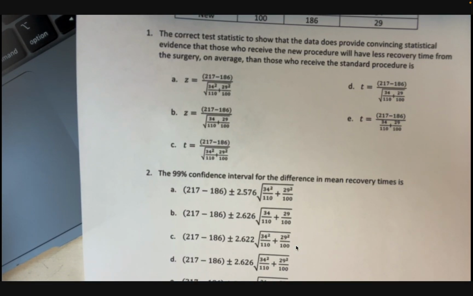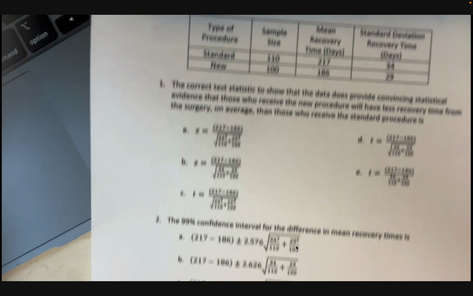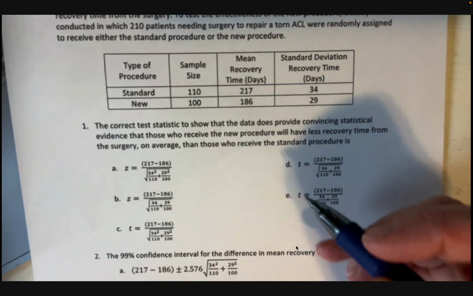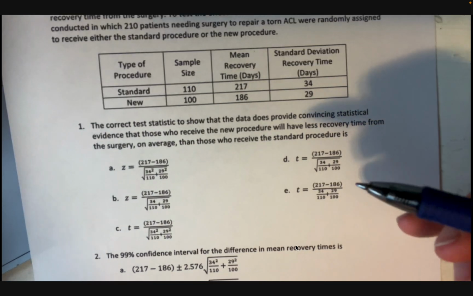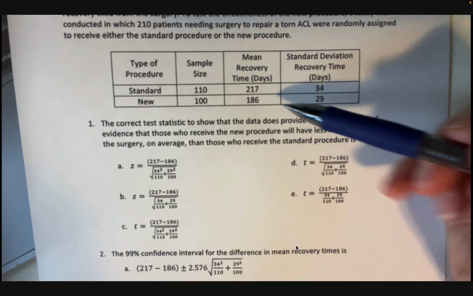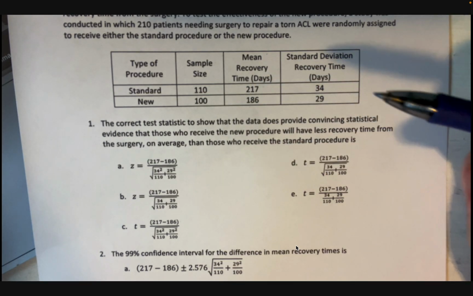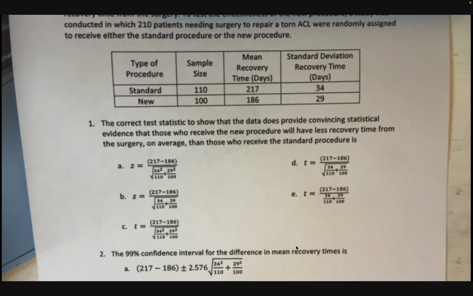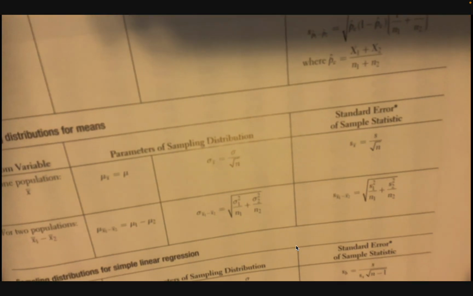On the back, again, this one here, we don't have to worry about any p hat c's or anything like that. So it's just going to be the mean of the one minus the mean of the other one. That's the numerator for all of them. And then the denominator is going to be your standard error.